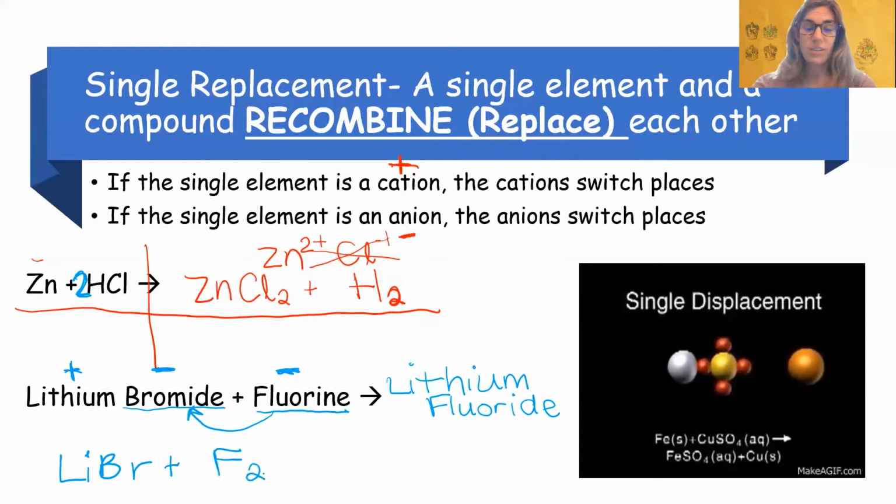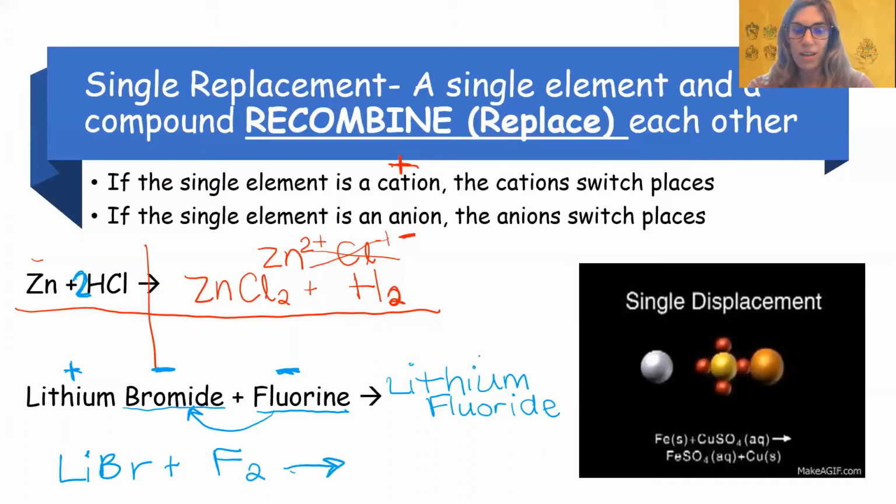Fluorine is diatomic, Brinkelhoff. It's the F in Brinkelhoff. So I add a 2 subscript. Remember, I only add the 2 subscript if it's diatomic, and it forms lithium fluoride. Once again, cross and drop, lithium has a +1 charge, fluorine has a -1 charge, so I get LiF.